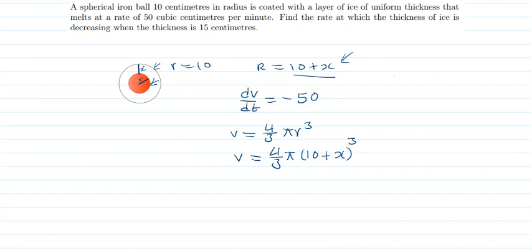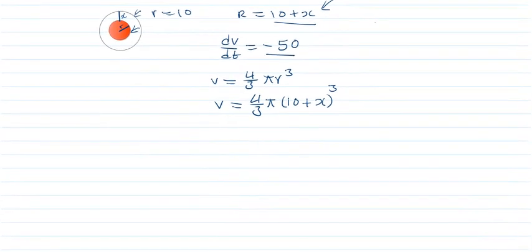Since we have been given the rate at which the volume is decreasing, with this equation we need to find dV. So to find dV, we differentiate it. The differentiation of V with respect to time, dV/dt, is equal to 4/3 pi, which is just a constant.